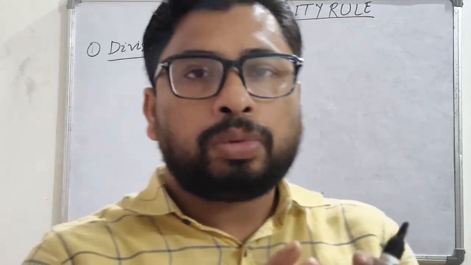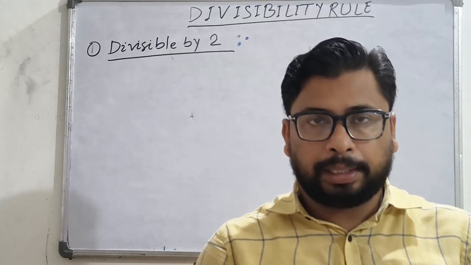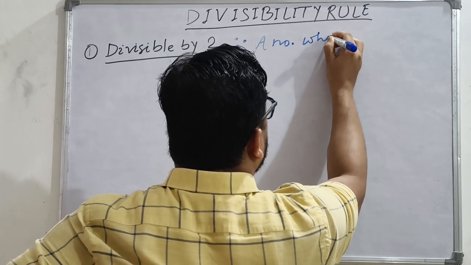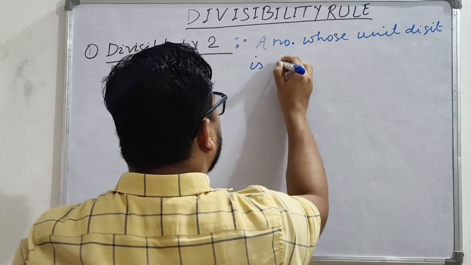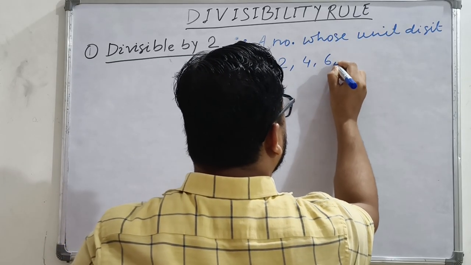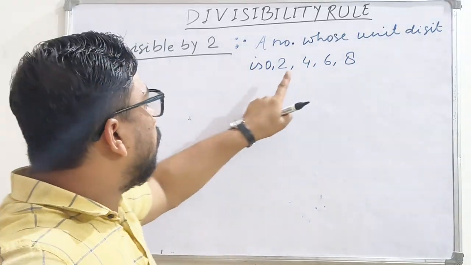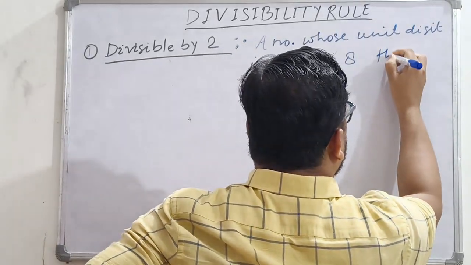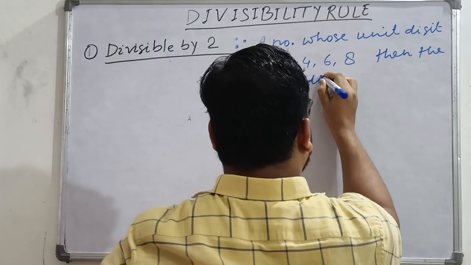A number whose unit digit is 0, 2, 4, 6 or 8. If a number's unit digit is 0, 2, 4, 6 or 8, then the number is divisible by 2.